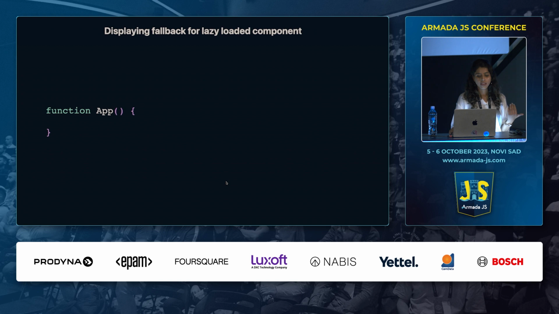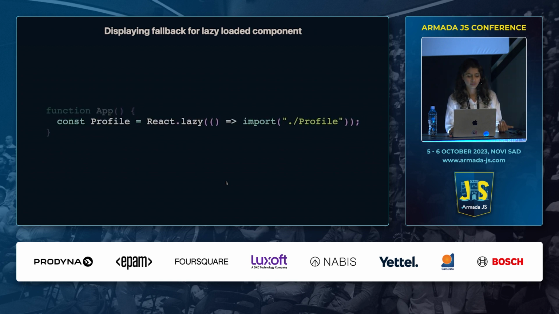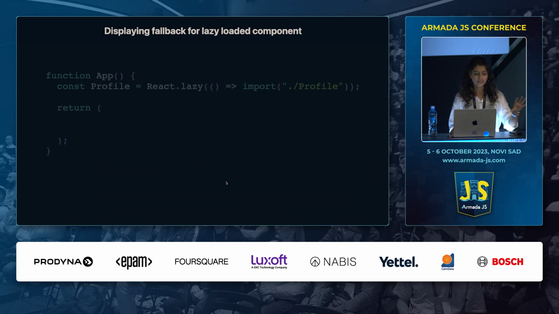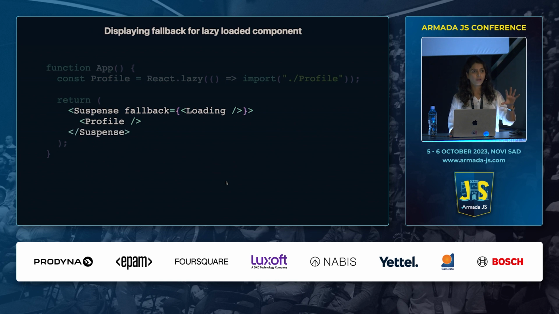For instance, if you have a Profile component and you are lazily loading it, you want to show a fallback till your component is ready. So using Suspense, you can simply wrap your Profile inside Suspense, and then in the fallback, you can show a beautiful loader. So this was one use case.